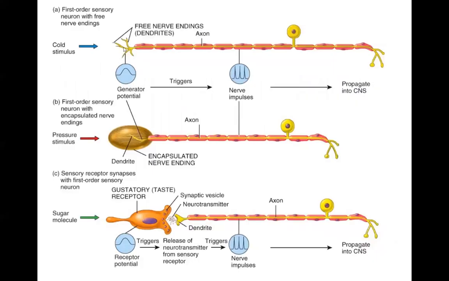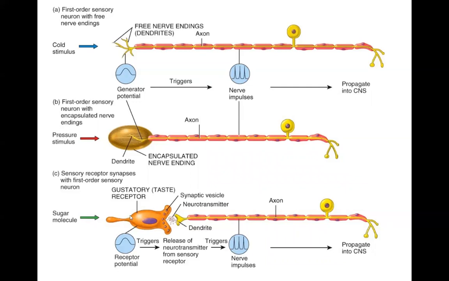Basically, you're directly stimulating the neuron, which means that you're directly getting ready to and possibly can generate nerve impulses or action potentials. Whereas with these separate cells, you have to first stimulate the receptor cell, which then stimulates the neuron. Once again, the same result occurs, propagation of nerve impulses in the central nervous system, but here it takes a little bit of extra work to get to that point.